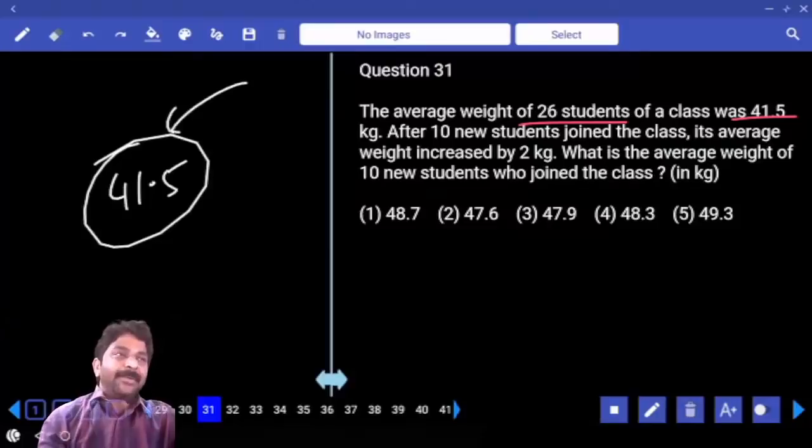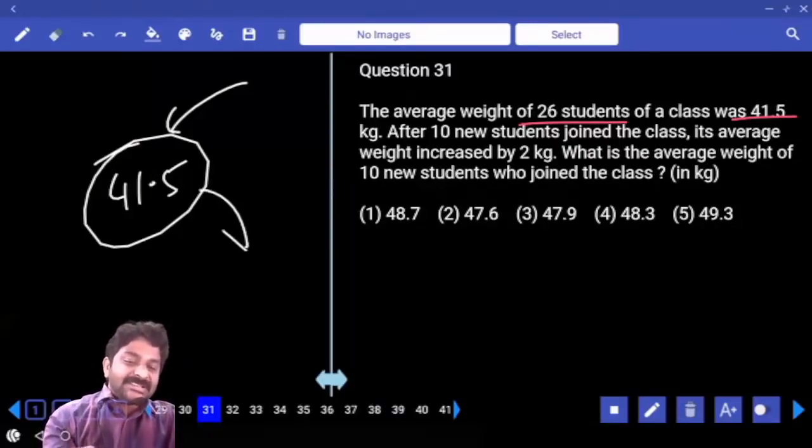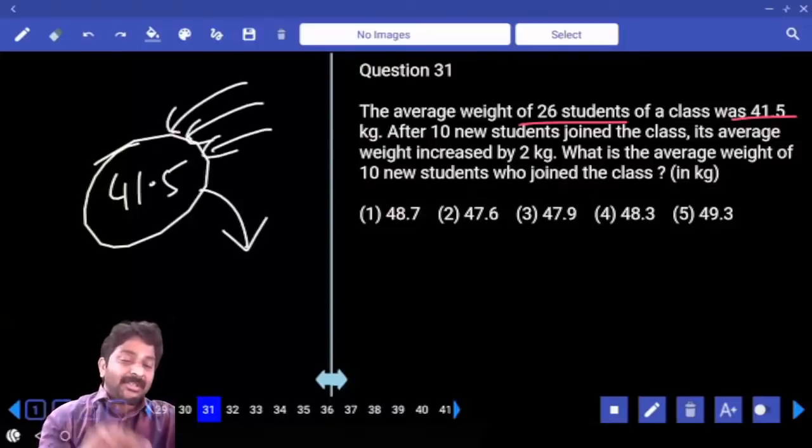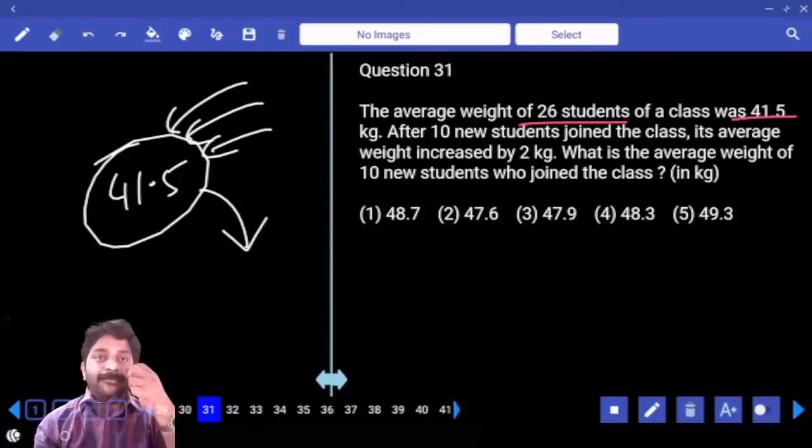If you add one person whose weight is also 41.5, will there be any change in the average? If one person leaves whose weight is also 41.5, will there be any change? Like that, any number of people may join the group with average 41.5.